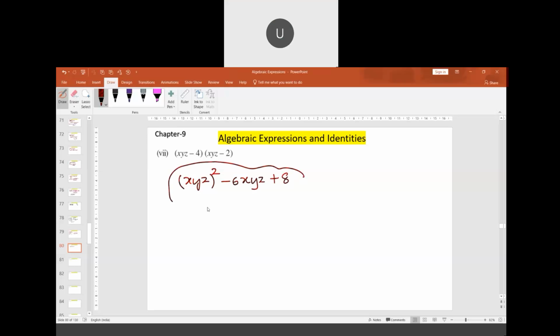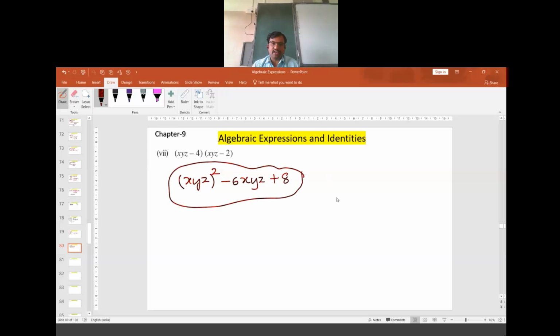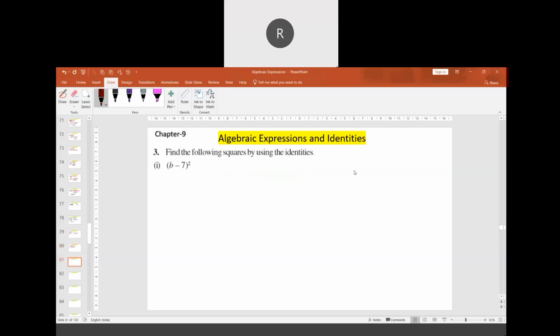This will be the answer. You can check it. When you solve more and more problems of this kind, it becomes easy to write the answer directly. Calculations will go on in mind. With intuition, you can just tell the answer.